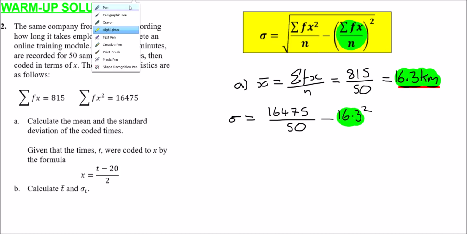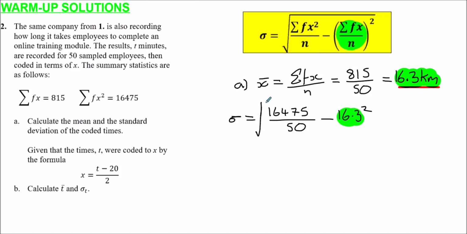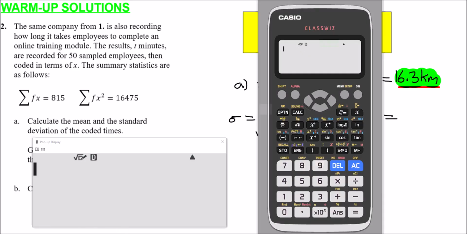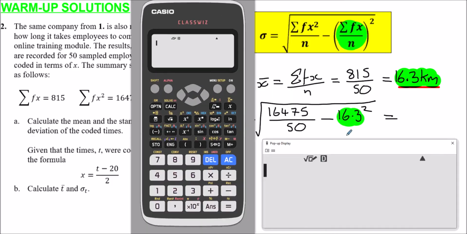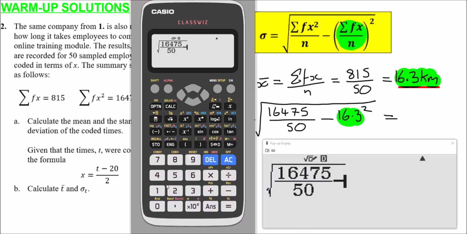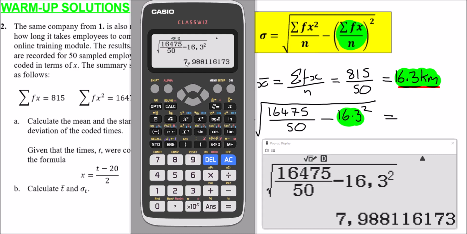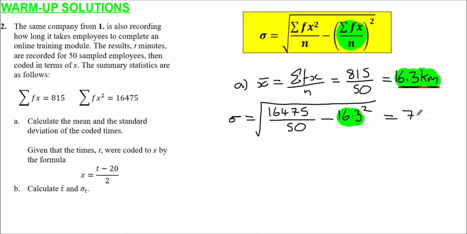And of course, don't forget to square root the thing. So if we now do that, we've got the square root of 16,475 over 50, subtract 16.3 squared, and the standard deviation is 7.99. So the mean is 16.3 and the standard deviation is 7.99.